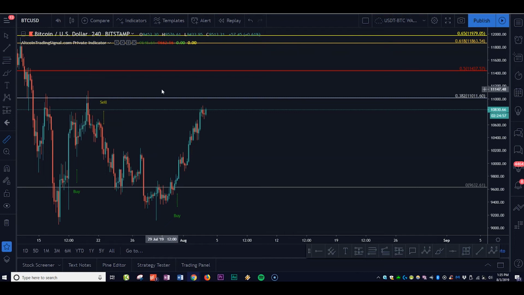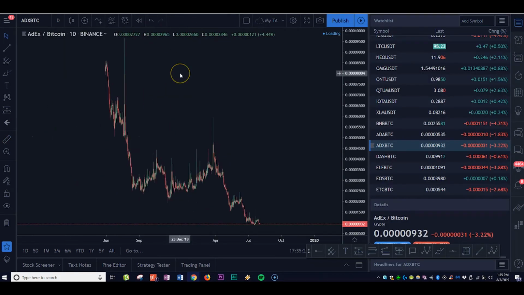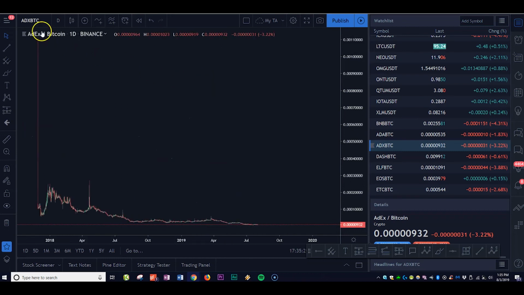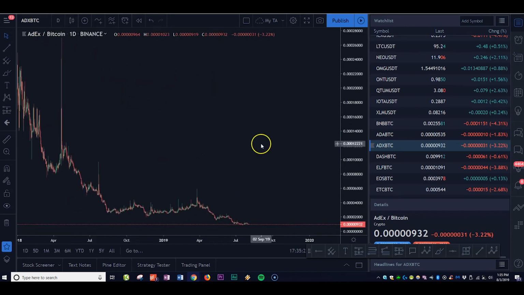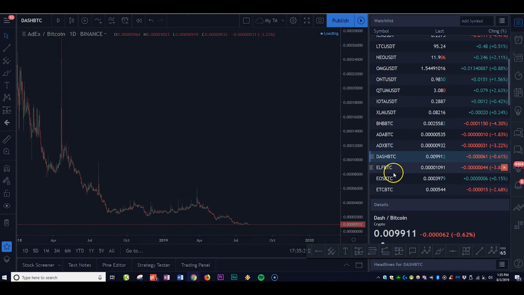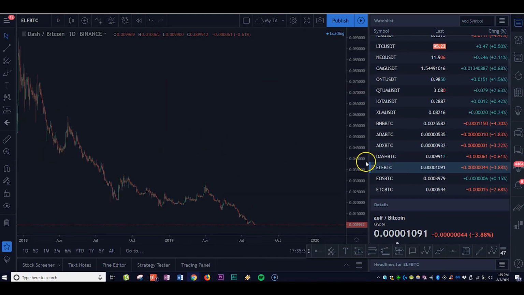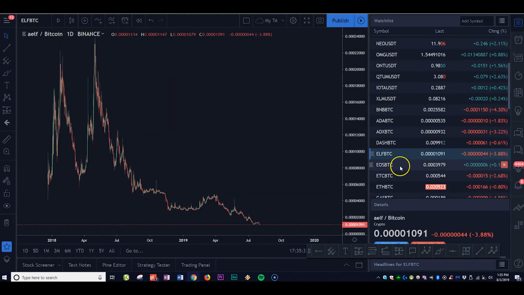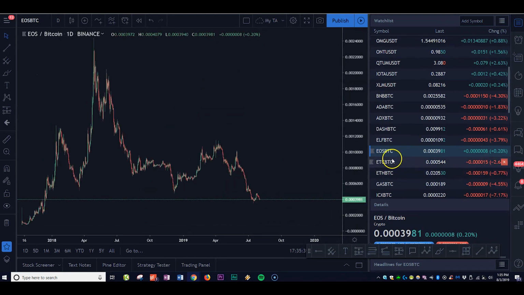The reason why I don't have this script running on a ton of other altcoins is because altcoins are not doing good right now. None of them are. Let me quickly show you what some altcoins look like. I'm going to pull it out in the day so we can actually see. Just going through altcoins on my list.